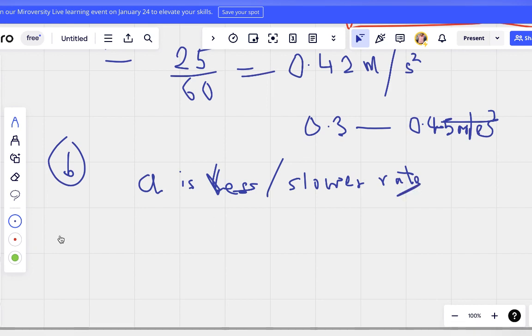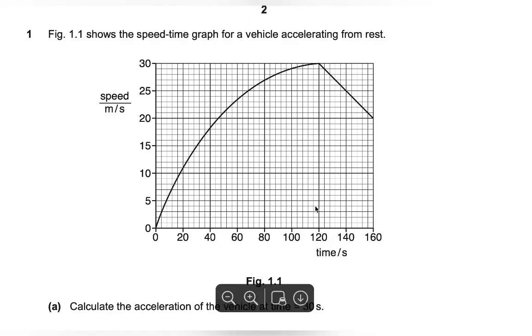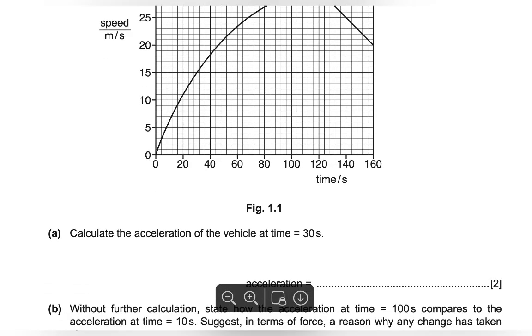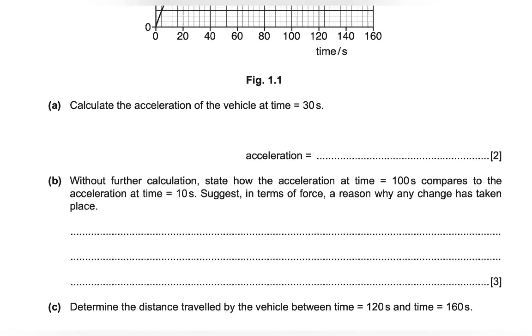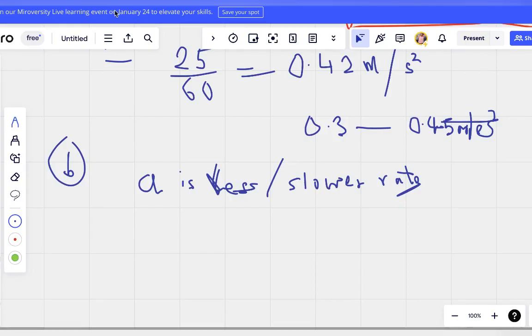But if it's more than 1 mark, 1 point is not sufficient. You can see the question gives 3 marks, so we must give 3 points. Every point gets a mark. The second point: remember they asked us to talk in terms of force, so we can say less driving force.